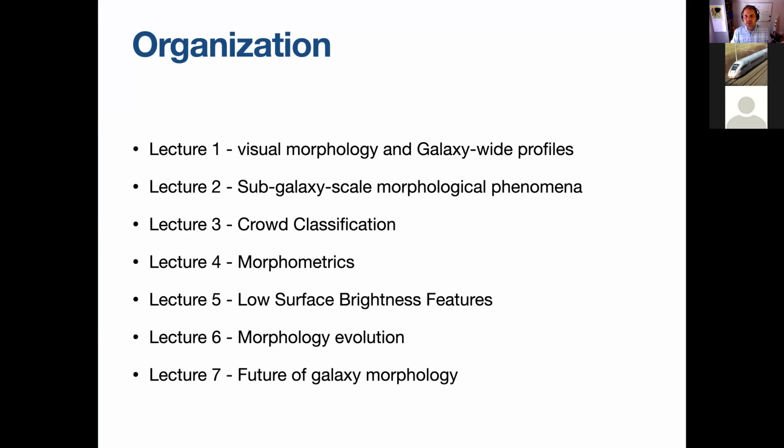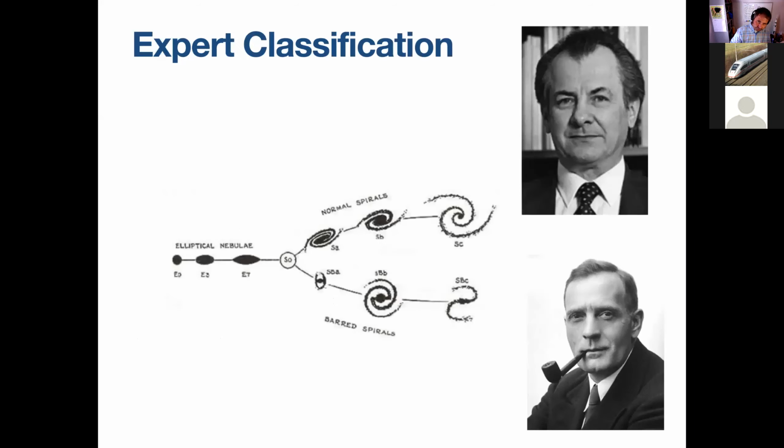And yet everything that we've done so far was based on the inspection of photographic plates effectively. Today we'll talk about crowd classification. Next week I'll talk about morphometrics, which is another way to turn all this stuff into numbers. And then after that, low surface brightness features, and then morphological evolution in the future using machine learning.